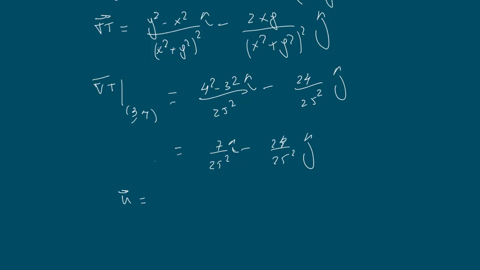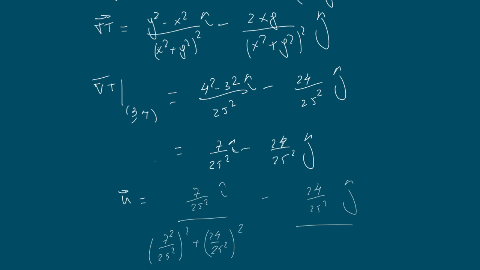A unitary vector will be the vector 7 divided by 25 squared i minus 24 divided by 25 squared j, divided by the magnitude, which is 7 squared divided by 25 squared plus 24 divided by 25 squared, and here is the same thing.